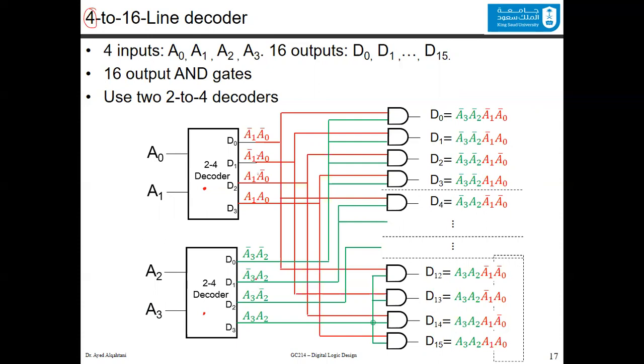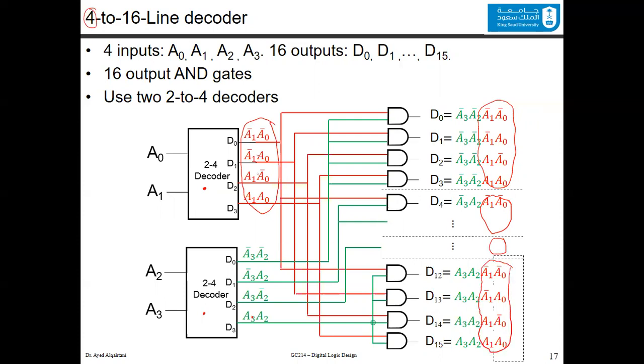Now, to mix them to generate the 16 outputs, since you have only 4 outputs here and 4 outputs here, you will copy this one into the first group. You will also copy it here, and you will copy it here, it's not shown, and you will copy it also in the last one.